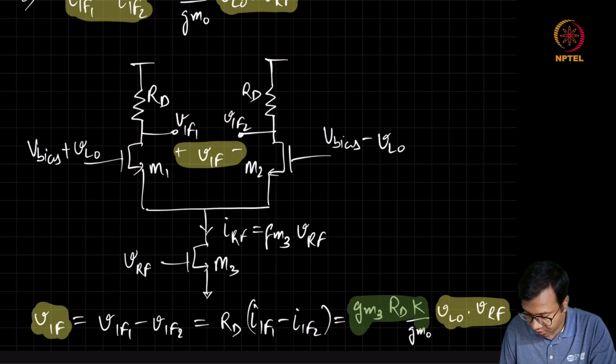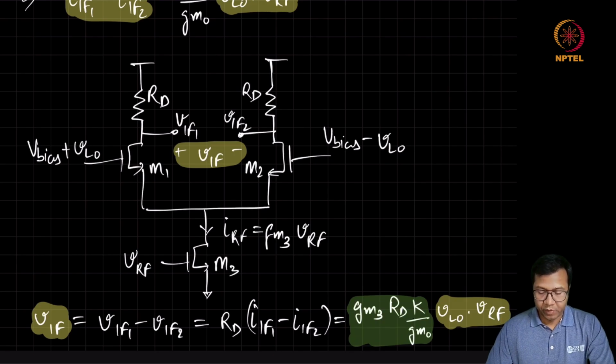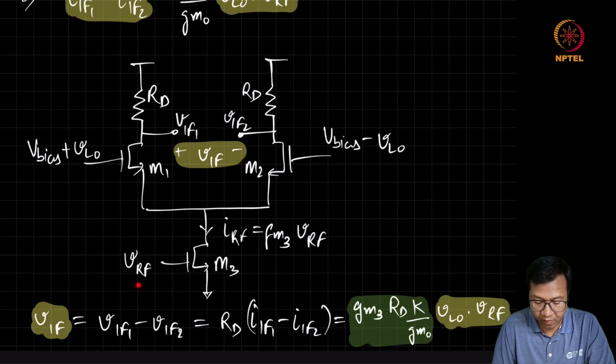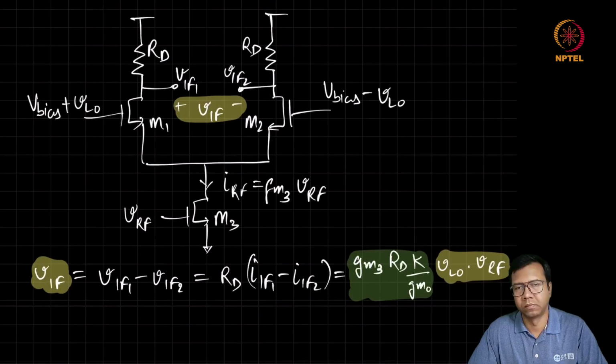This is the scaling factor. So we have got a circuit which is using these three transistors, and this differential output is a function of the product of VRF and VLO.